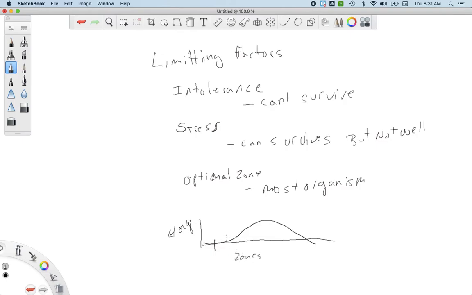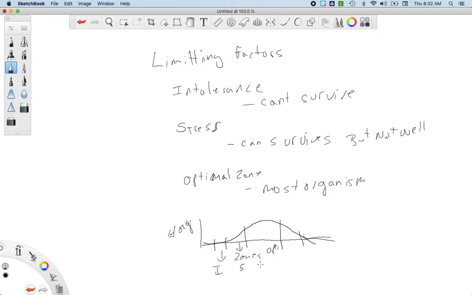So from here to here we have intolerance. From here to here we have stress. From here to here, that's the optimal zone. And I kind of went low here, but over here we'd have the same thing. The next one would be intolerance, stress and intolerance on this side.